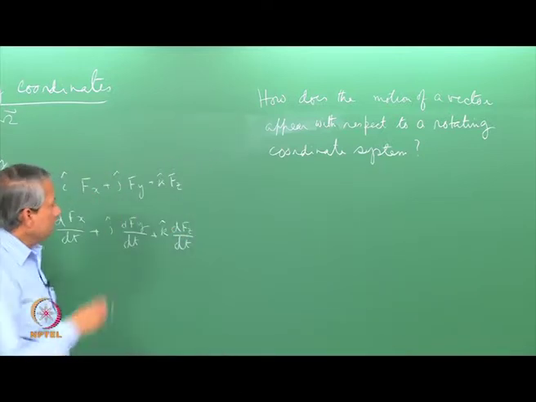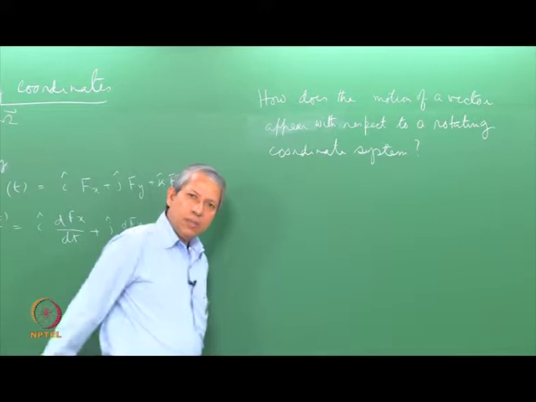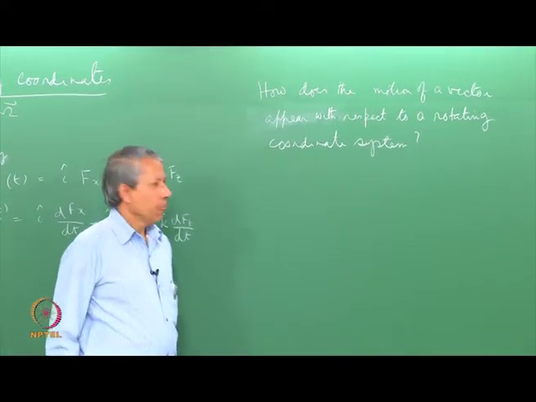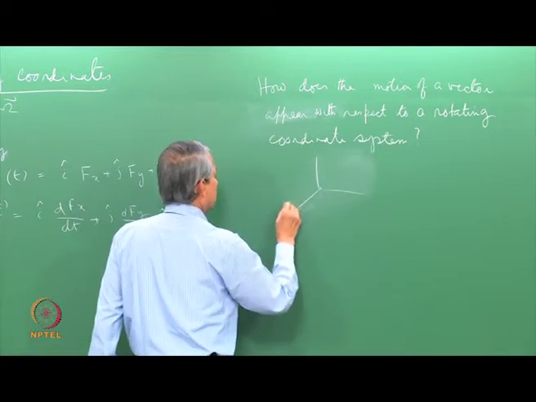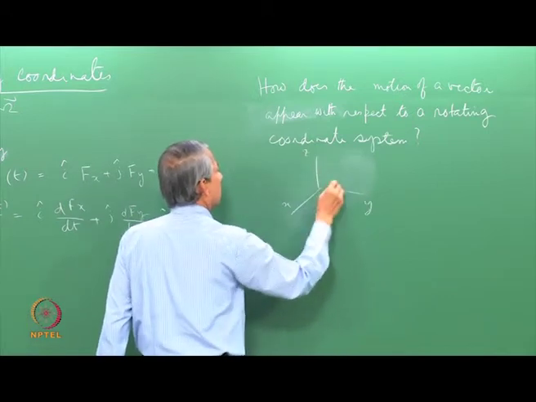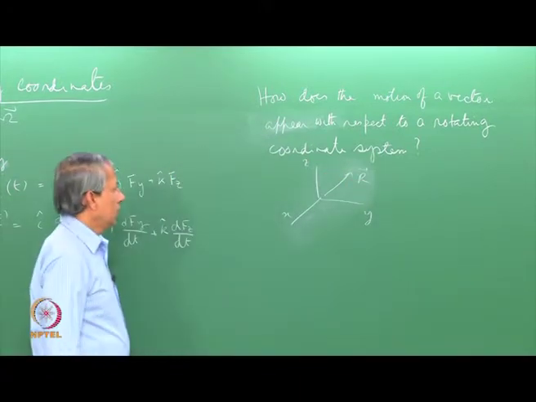So, how does the motion of a vector appear with respect to a rotating coordinate system? It is a type of relative velocity or relative motion. Let us say I have got the coordinate system again x, y and z, and this is the vector pointing in a certain direction.